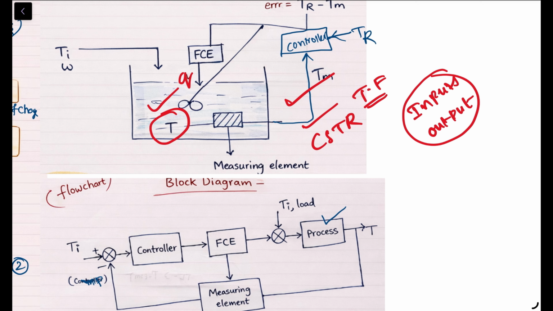Now let's see what the inputs and output of the process are. In this system, the reactor receives two inputs.